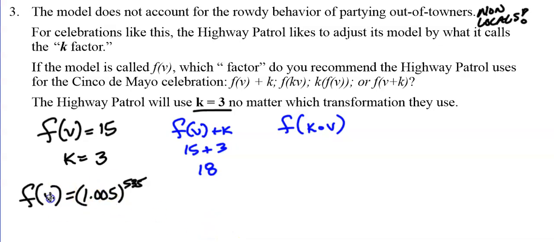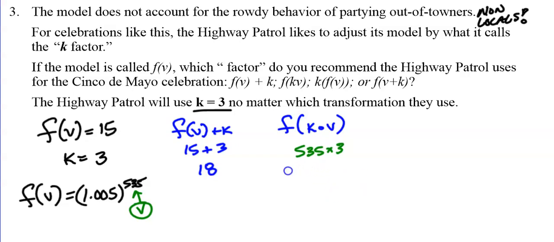If we take K times v, our v value is 535, so that's 535 times 3, which is 1605.